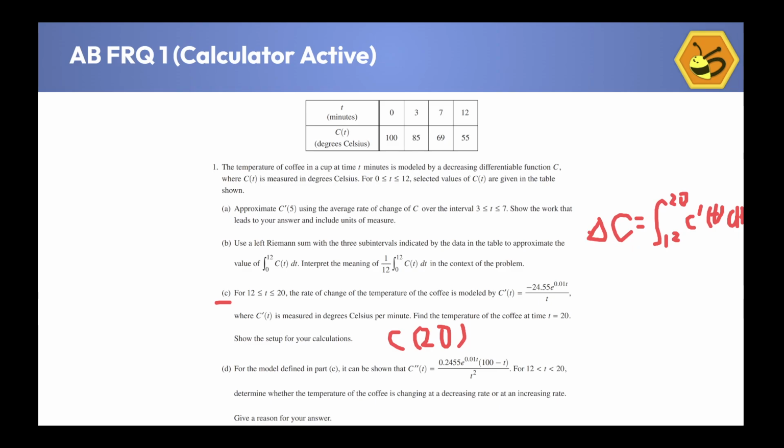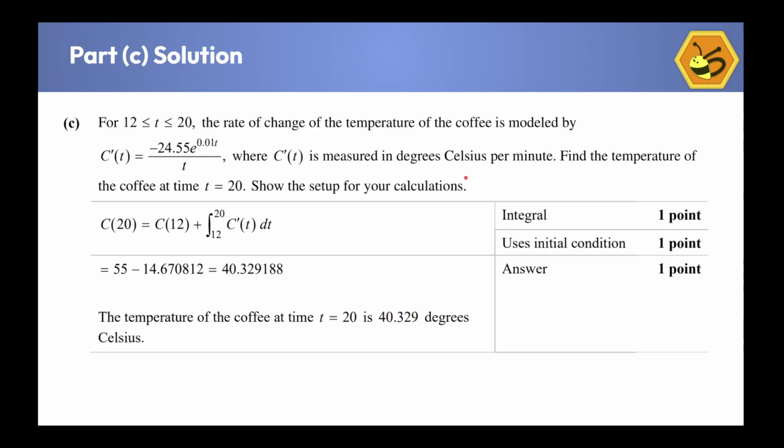This is a change, so we have to add it to C(12) as well. This gives this answer. So we can integrate the rate of change formula, the derivative of C, and evaluate this using a calculator to get this value.